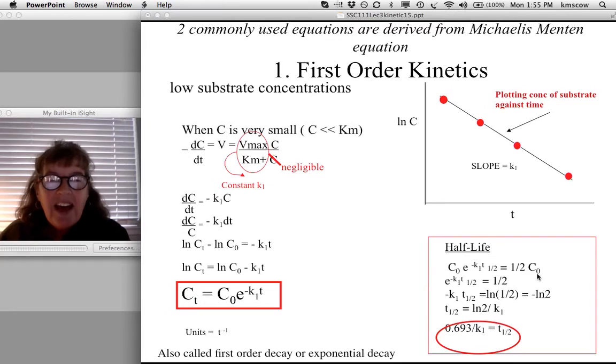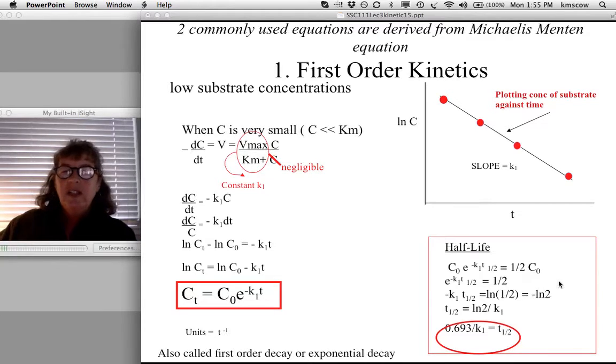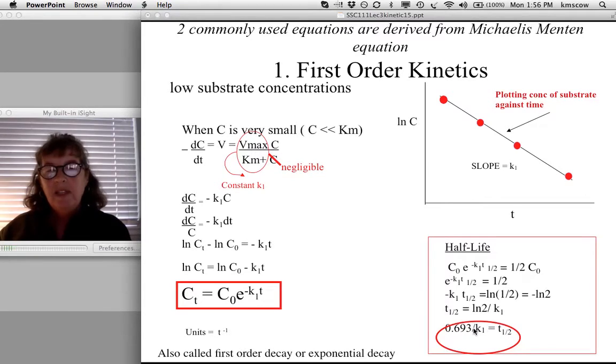But anyway, that half-life you can solve for it here by setting that concentration to half the initial and solve for how much time that will be, and you get this expression: 0.693 divided by the rate constant equals the half-life.